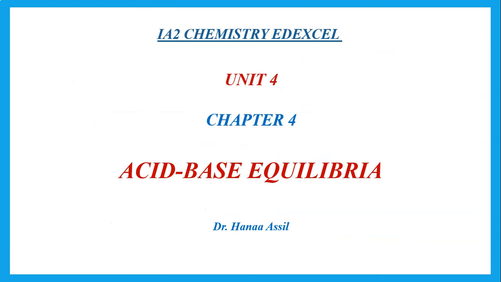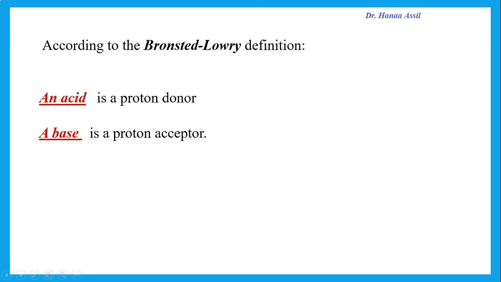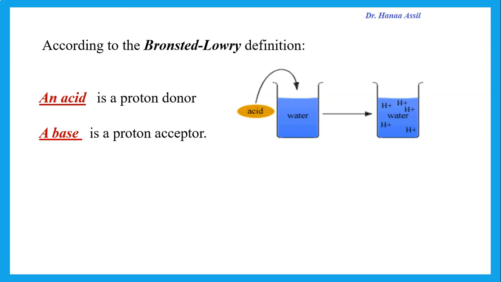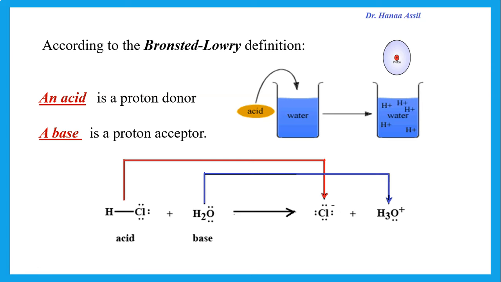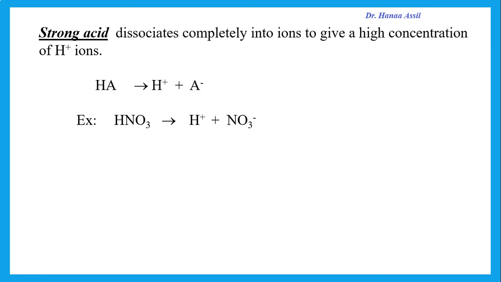Then we have acid-base equilibria, and you should remember that, of course, acid is the proton donor and the base is the proton acceptor. And we said that if we have an acid with a base, the acid will lose a proton and become what we're going to call the conjugate base, and the base accepts a proton and becomes a conjugate acid.